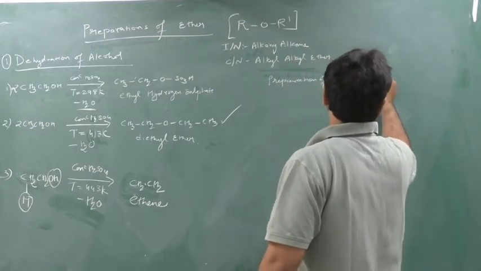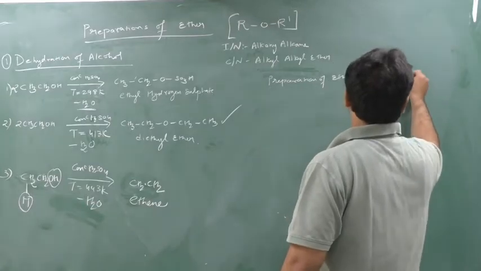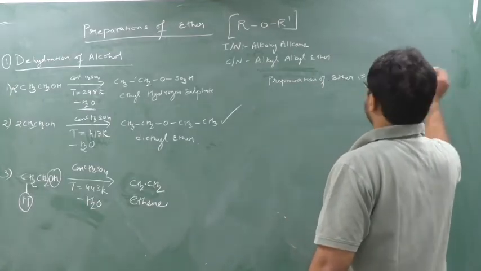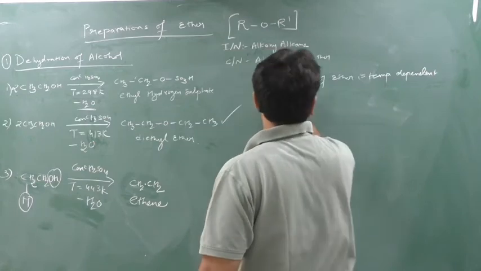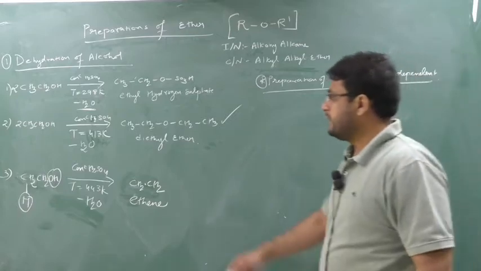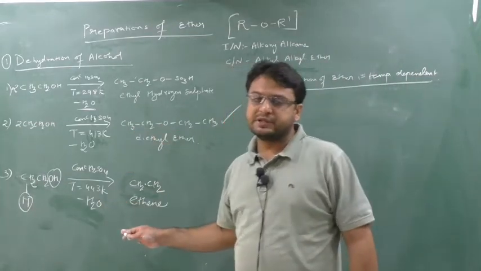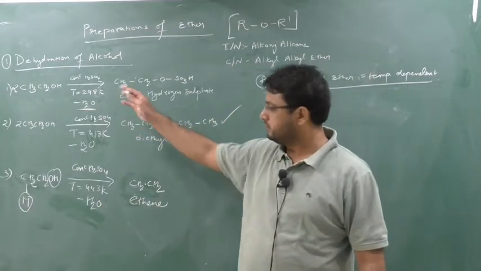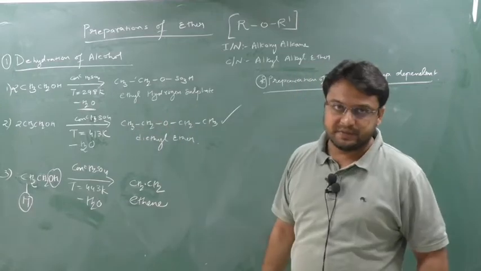is temperature dependent. Okay, means here temperature condition is very important. If you somehow make a mistake in setting the temperature, then the product will not be ether, some other product. If temperature is higher, ethene will be generated. If temperature is lower, ethyl hydrogen sulfate will be generated.